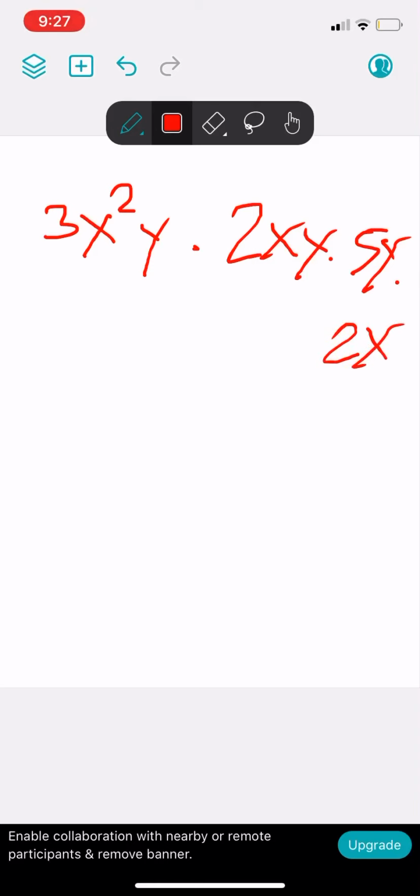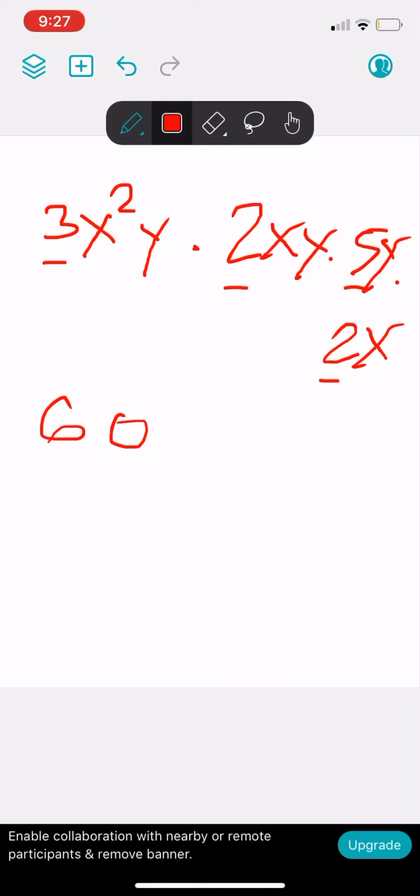So here the first thing we need to do is to multiply the coefficients. Here we have 3, 2, 5, and 2. So 3 times 2 is 6, 6 times 5 is 30, times 2 is 60.